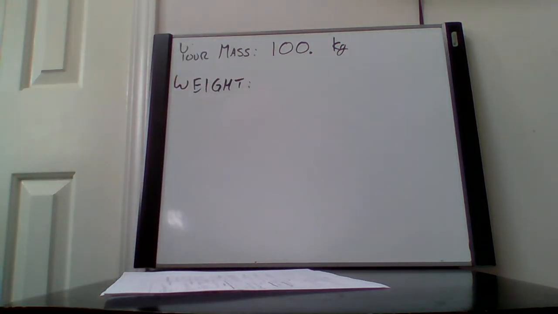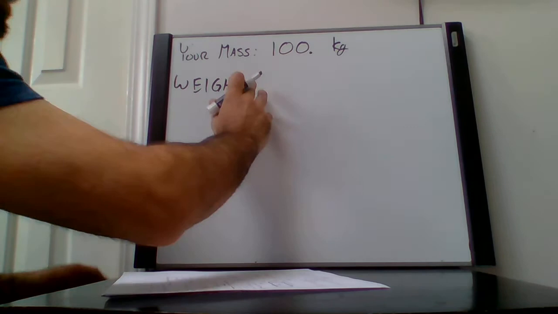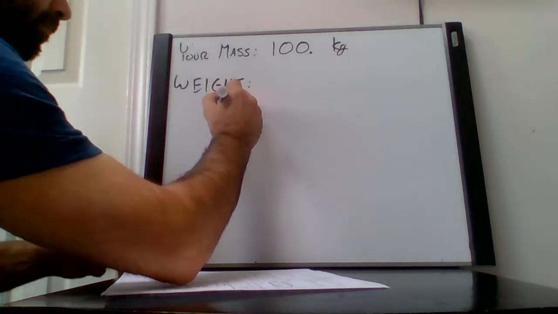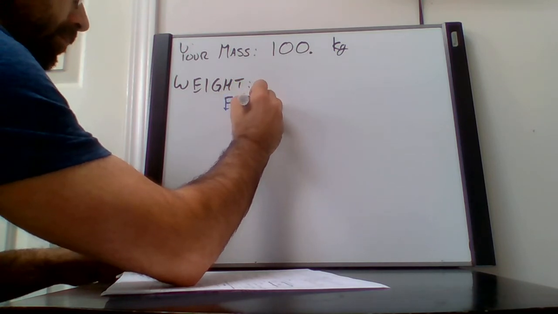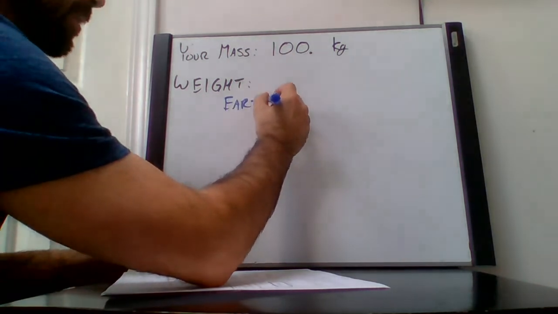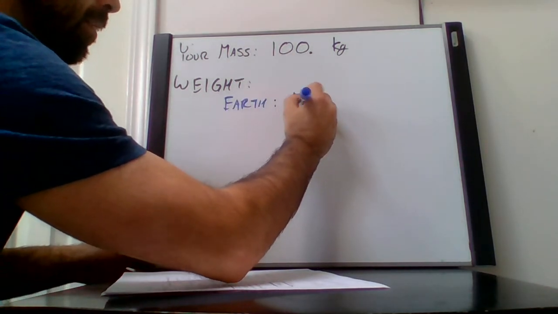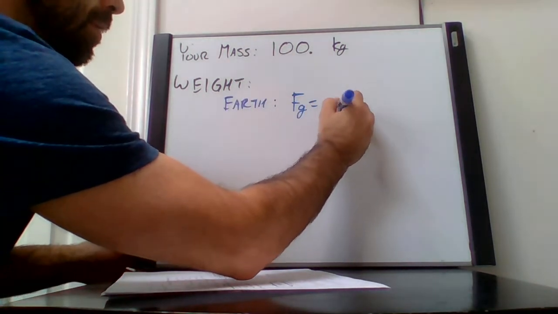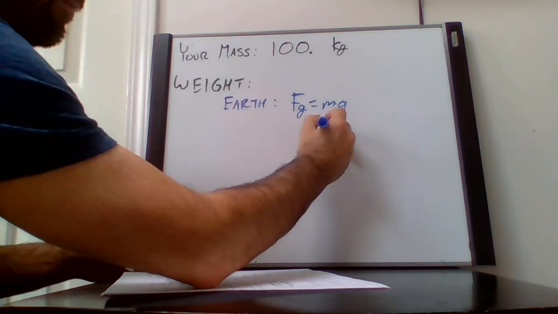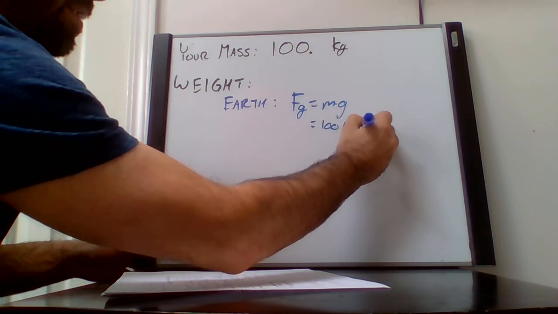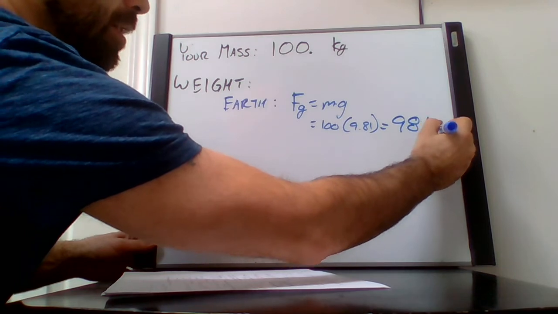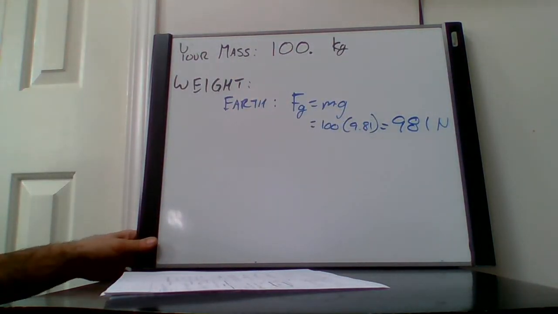Okay, so if we're looking at Earth, we are going to say that our weight here, Fg, equals m times g, okay? And so we have 100 times that 9.81 gives us a value of 981 newtons here on Earth.